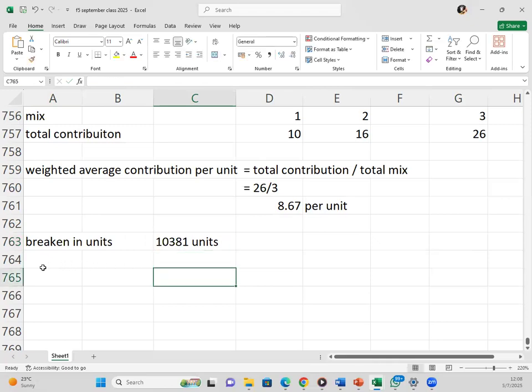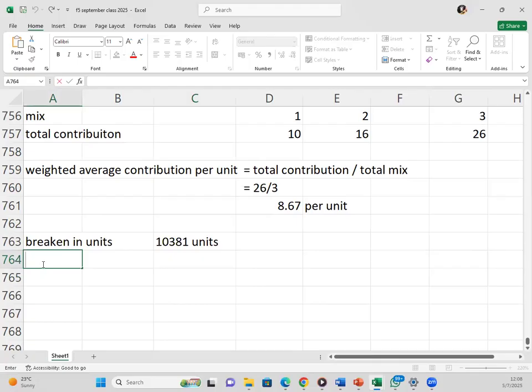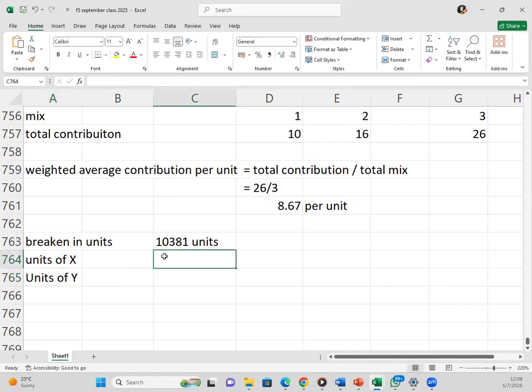But we can split this to say, okay, for these units, how many units for X and how many units for Y? In total, there are 10,381, but you can split this into units of X and units of Y.